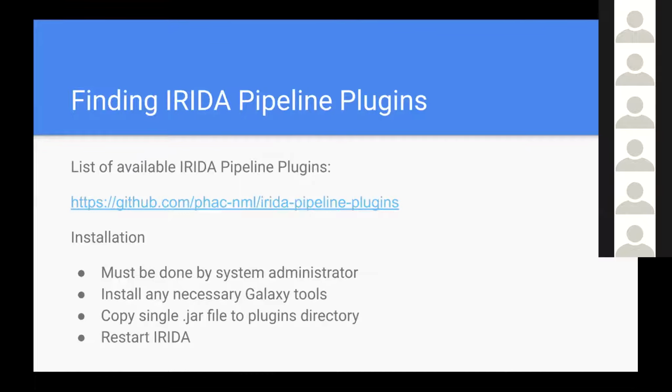It consists of first installing any necessary Galaxy tools in the Galaxy server that actually runs the pipeline analysis, and then just copying a single Java jar file into the plugins directory that's configured for your Irida server. Then the administrator will have to do a quick restart of the Irida system for it to pick up the new plugin and load it into the system.